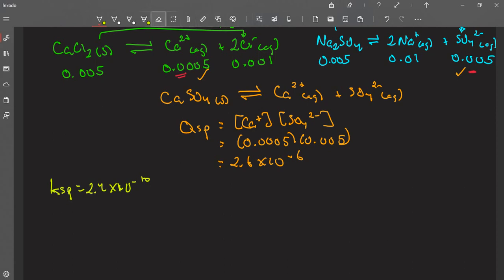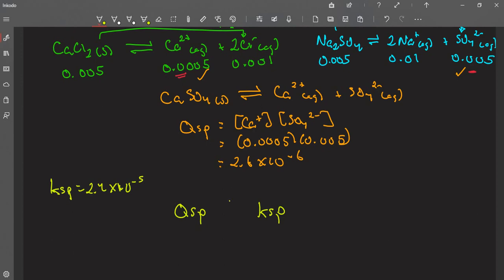It's negative 5. Okay, negative 5. Now we're going to compare QSP and KSP. And here we can see that QSP is lower, the smaller number, 2.6 times 10 to the negative 6 compared to 2.4 times 10 to the negative 5.